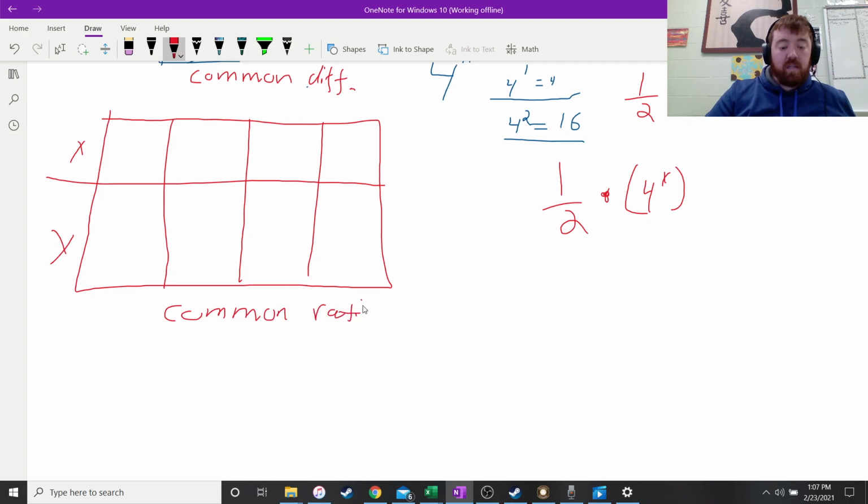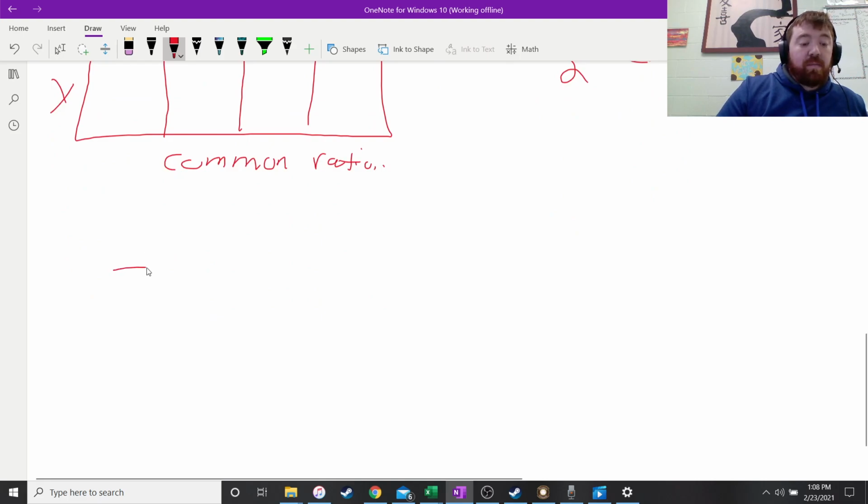All right. So anytime we see that, that would be an exponential function. But remember there has to be an exponent. So something like 7x plus 3, this is not an exponential.